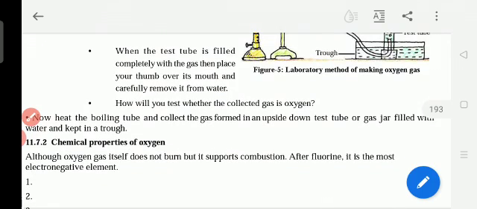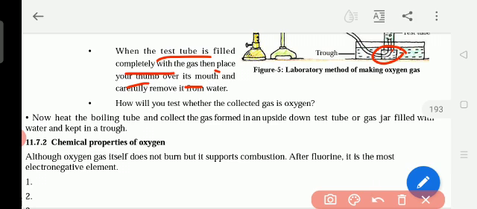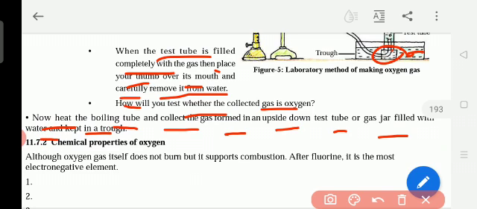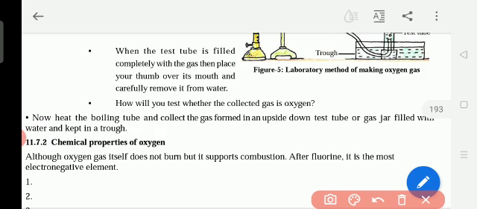When the test tube is filled completely with the gas, place your thumb over its mouth, keep it upside down and carefully remove it from the water trough. Heat the boiling tube and collect the gas in an upside down test tube or gas jar filled with water. How can you test whether it is oxygen?